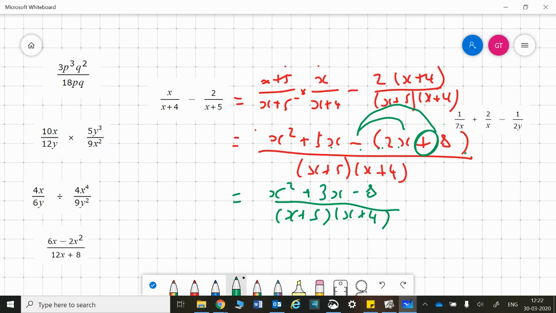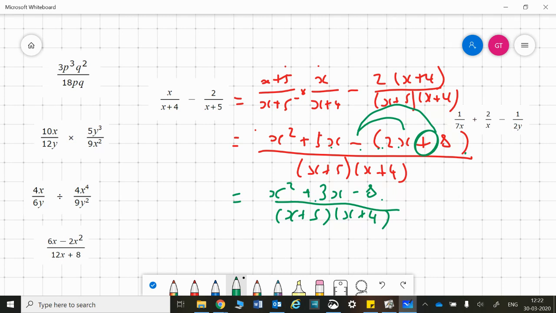Now it might be that the top can factorize, and maybe it shares a factor with one of those brackets on the bottom, and you can cancel. In this case, are there any two numbers which times together to give minus 8, but add together to give 3? Let's think about our combinations.